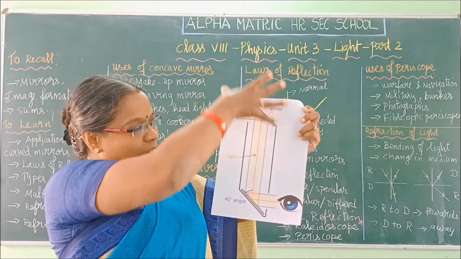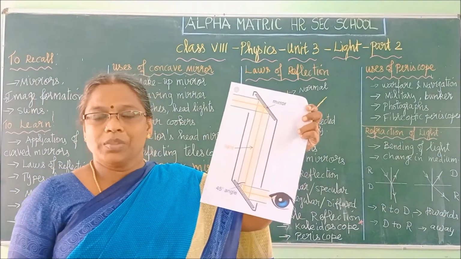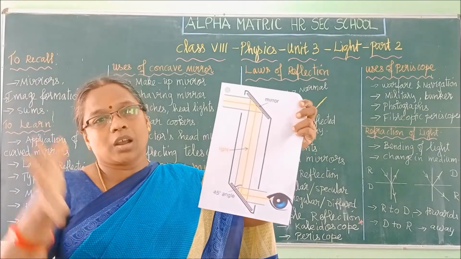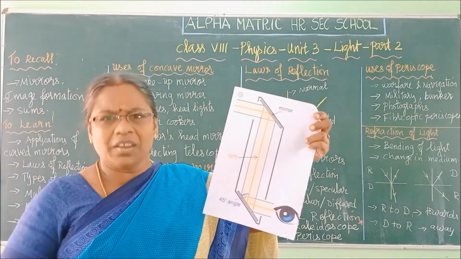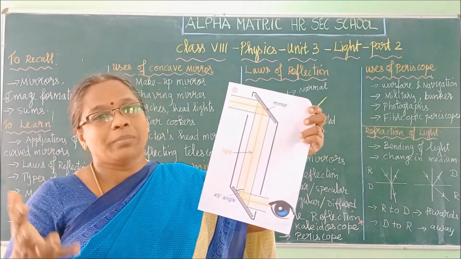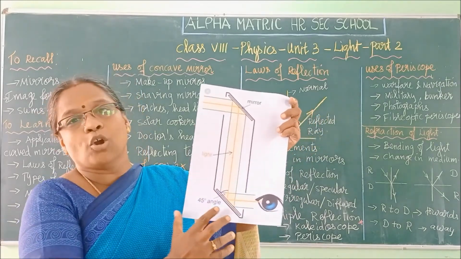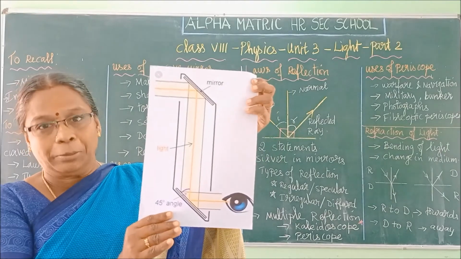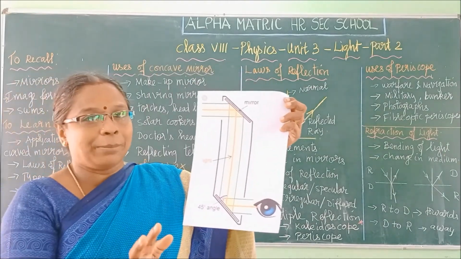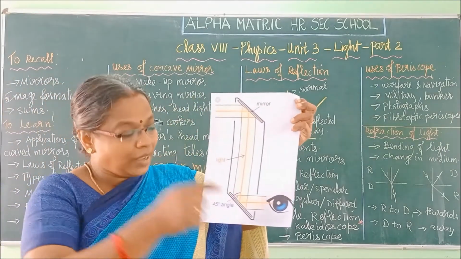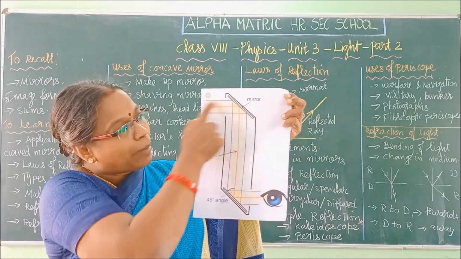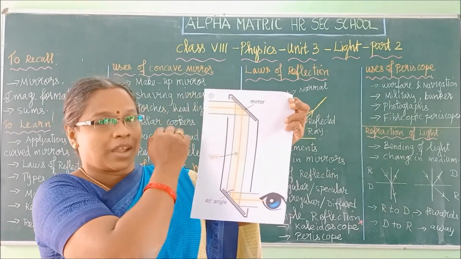These two mirrors will be enclosed in one tube or a cover, like a cardboard cover or even an iron or metallic cover, right? These mirrors will be kept at an angle of 45 degrees. So what will happen, children? We can be here and view the happenings at the upper side.